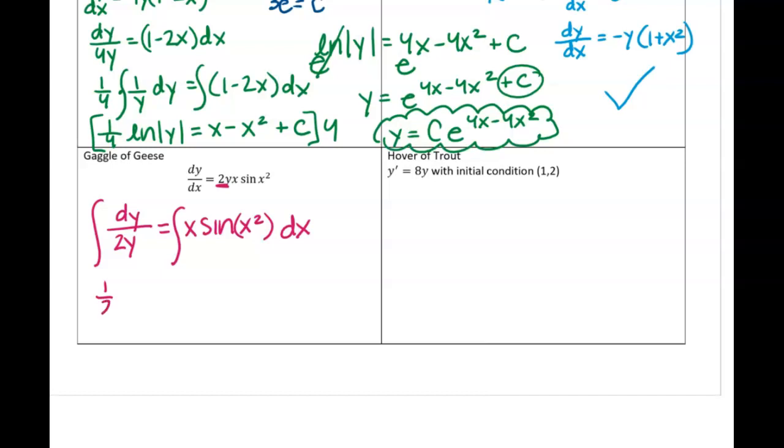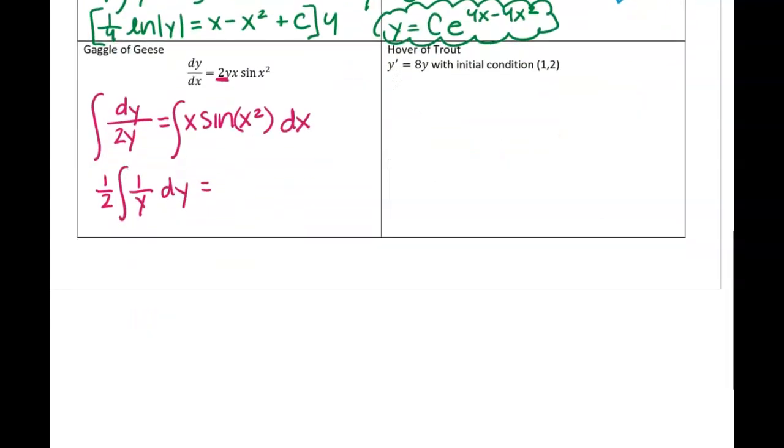So this is like 1/2 times the integral of 1 over y dy. We've seen things like this. Over on the right here, we're going to do chain rule. However you guys want to do it, honestly, but I'm going to bring it down here and say the integral of x sine of x squared dx.